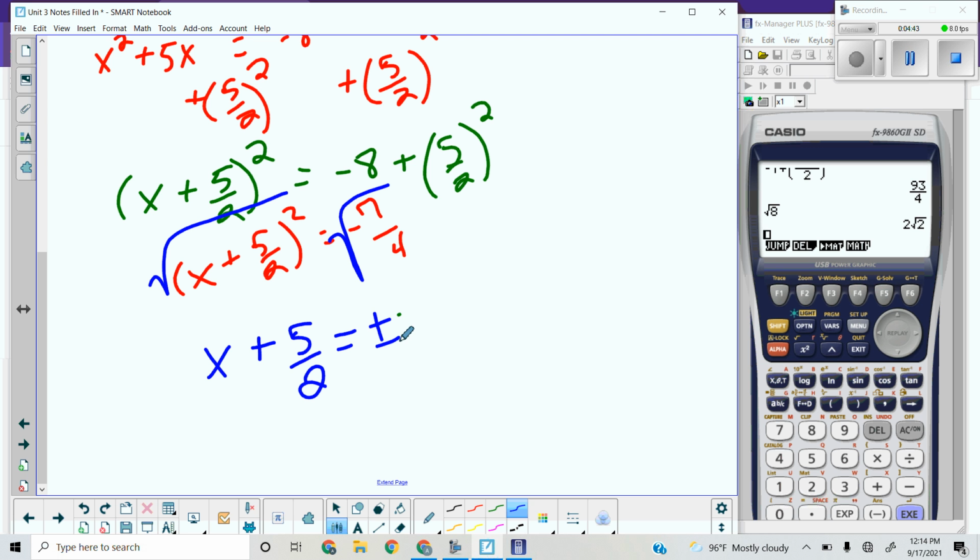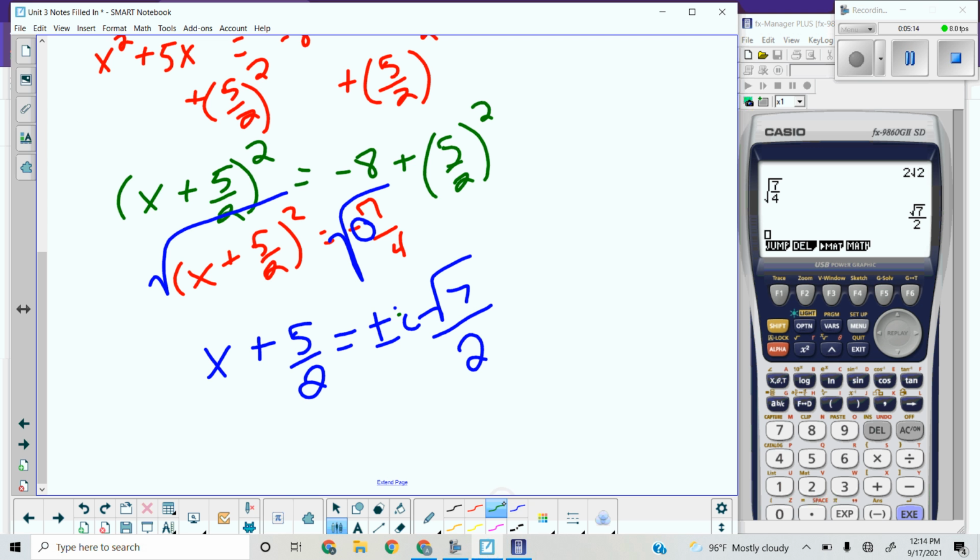Now remember, if we have a negative square root, we need i. And then if I put the square root of 7 over 4 into my calculator, we get the square root of 7. Oops. Square root of 7 over 2.